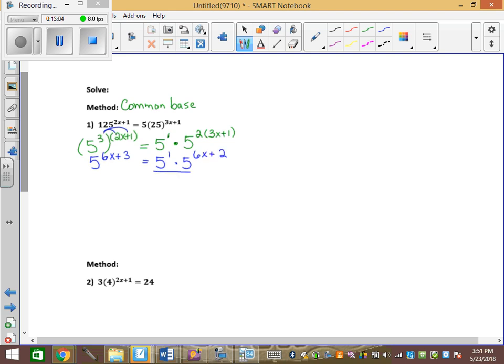Now these are the same base. When you have two bases and two exponents, remember you add the exponents. So we're going to get 5 to the 6x plus 3 equals 5 to the 6x plus 3. So we actually have the exact same graph.